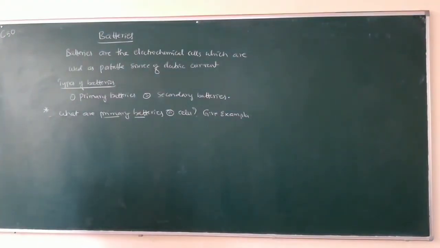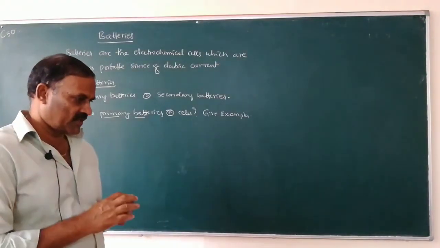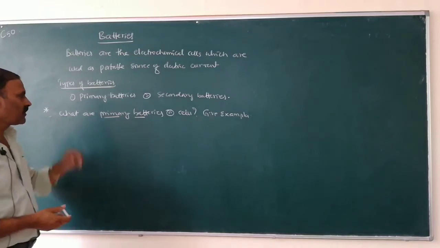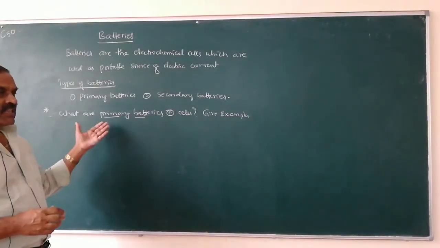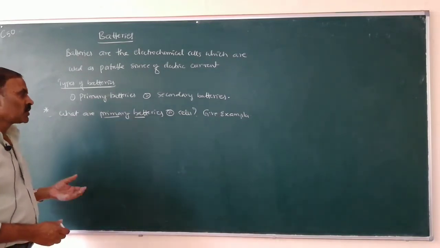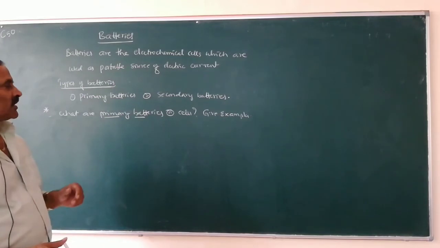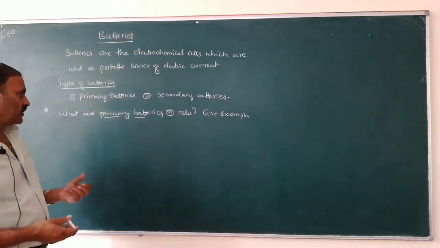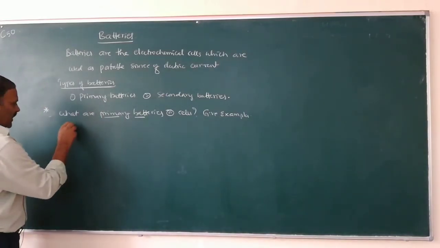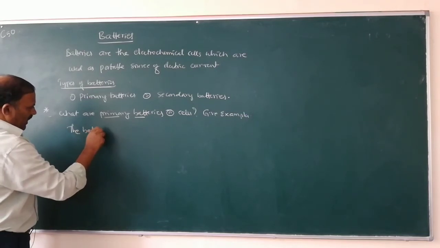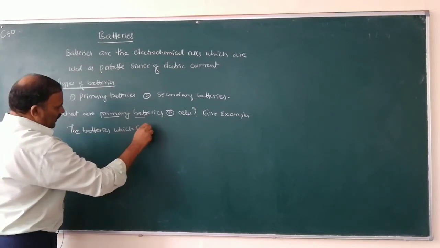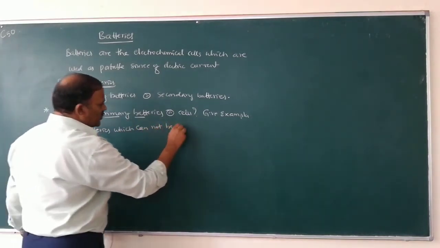You know the dry cells which are used in torches, remotes, calculators, etc. are primary batteries. What are primary batteries? These are the batteries which cannot be recharged, so they become dead after some period of time. Such batteries are called primary batteries. If the batteries we use in torches become dead, we throw them away, as they cannot be recharged.